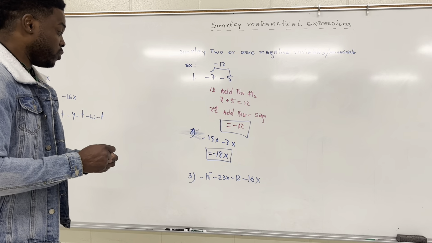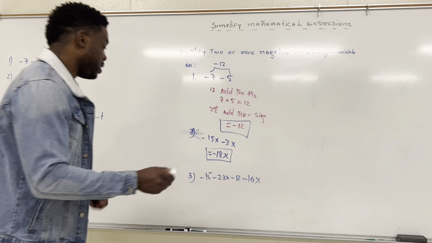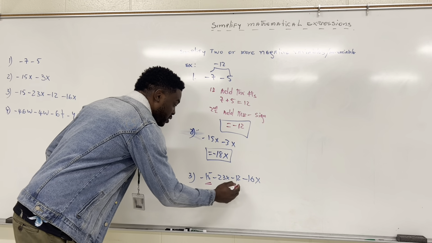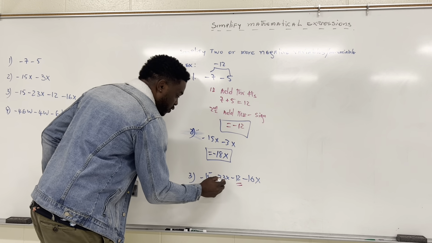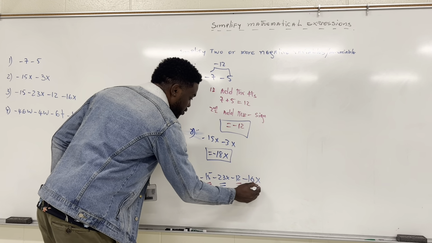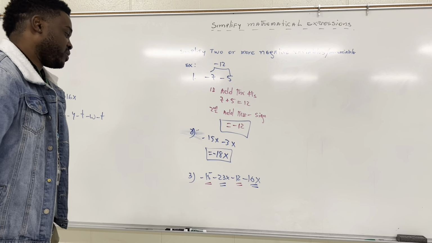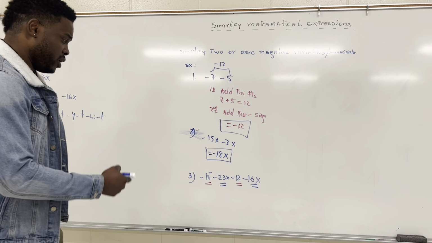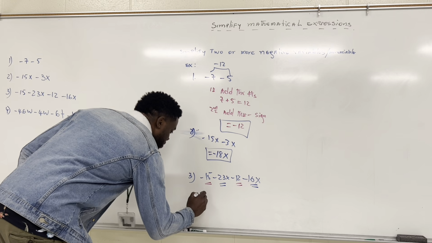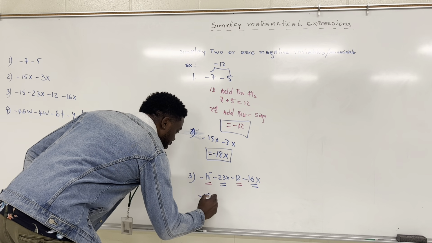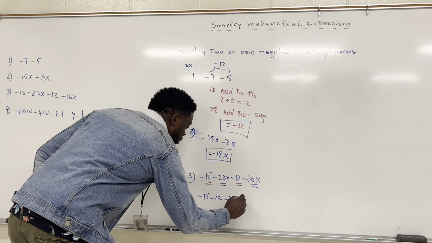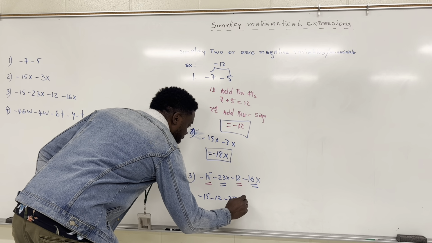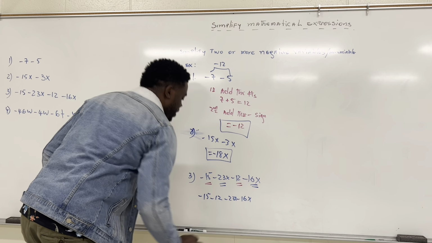The like terms are negative 15 and negative 12, and then the like terms with x are the ones over here. So we group them together: negative 15 and negative 12, and then negative 23x and negative 16x.